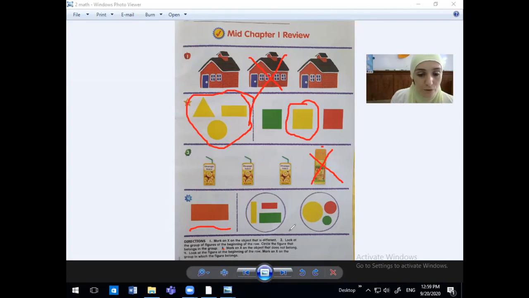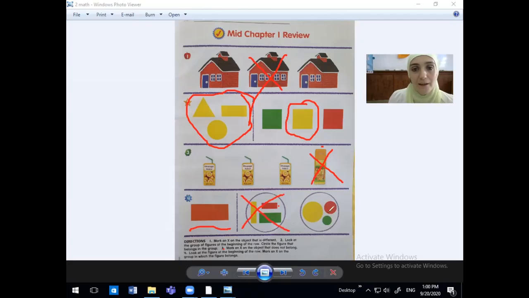To which group this figure belongs? You see that in this figure you can find this red rectangle. So we cross out this group because this rectangle belongs to this group.